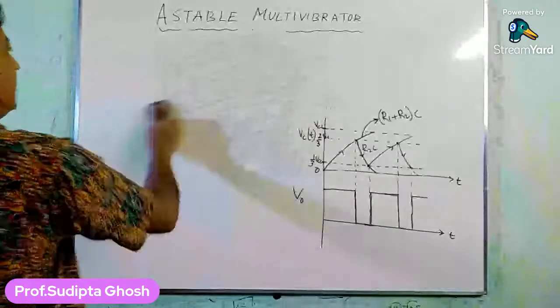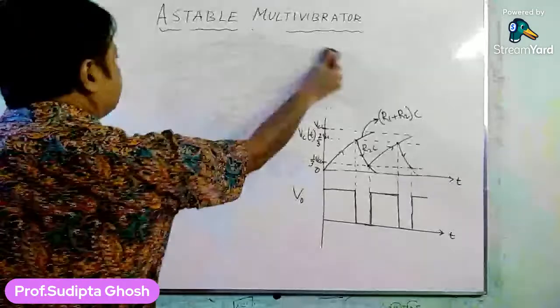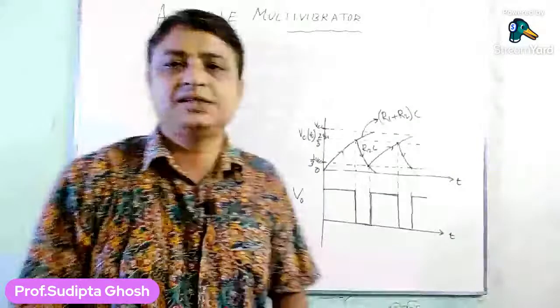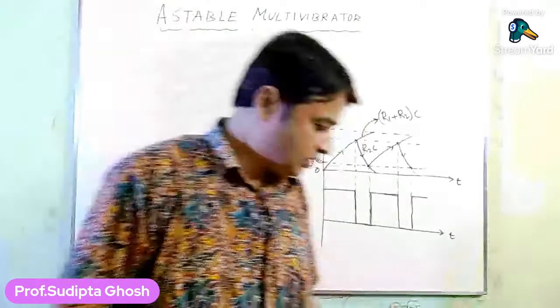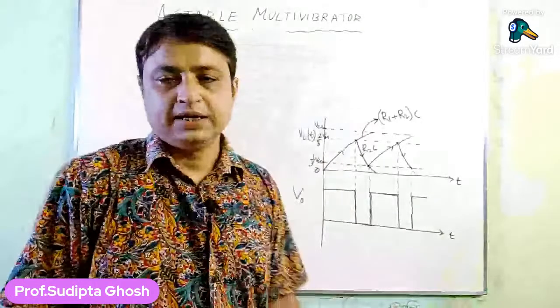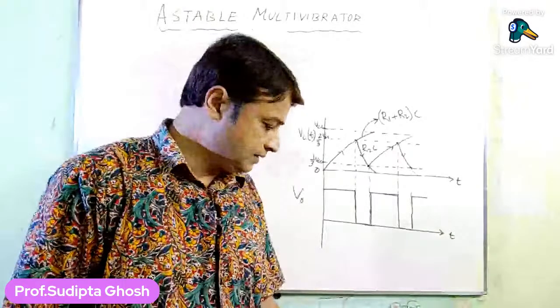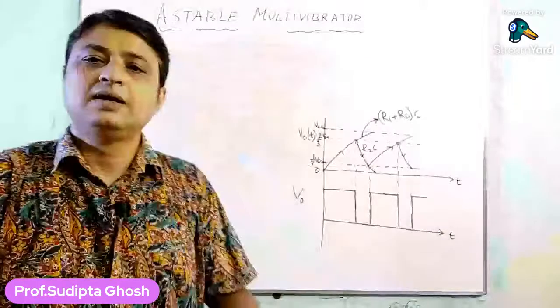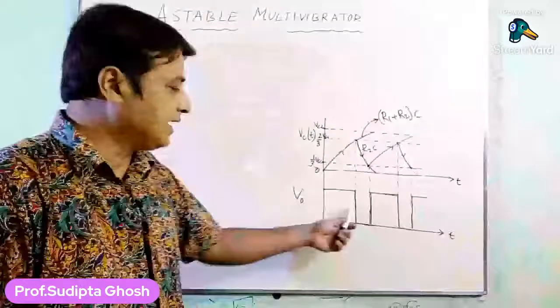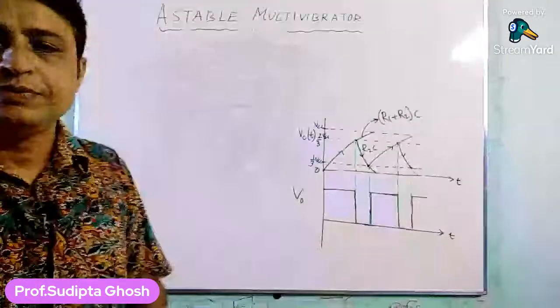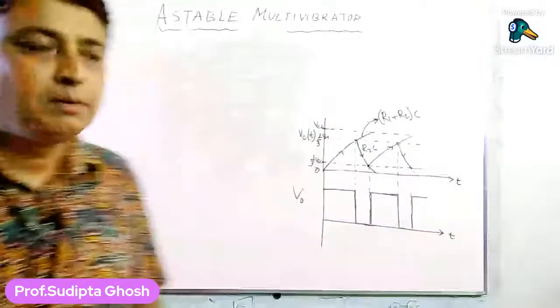So remember that as the time constants are different, as the charging and discharging times are different, here we have to calculate the high time period as well as the low time period separately.